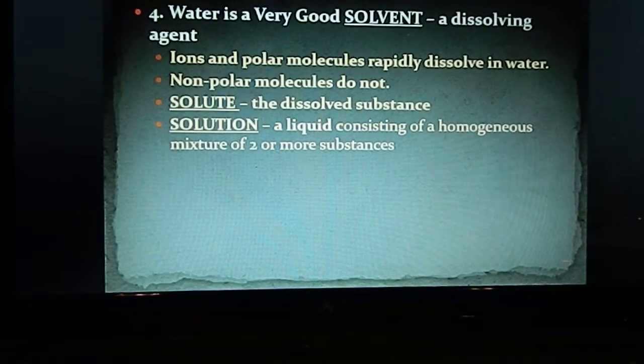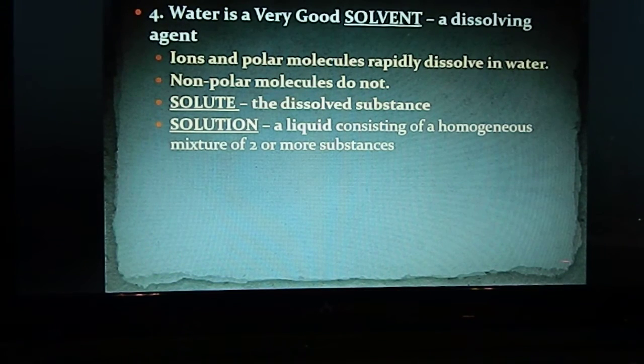And then water is a very good solvent. A solvent is a dissolving agent. So anything you put into it will dissolve into that solvent. Whatever dissolves into a solvent is called a solute, and a solution then is the liquid that contains the homogeneous mixture of the solute and the solvent, right?